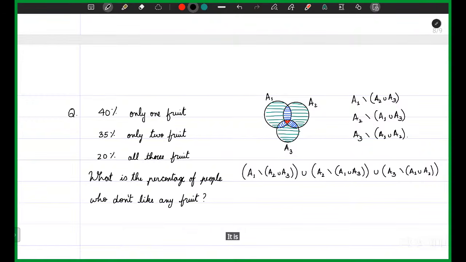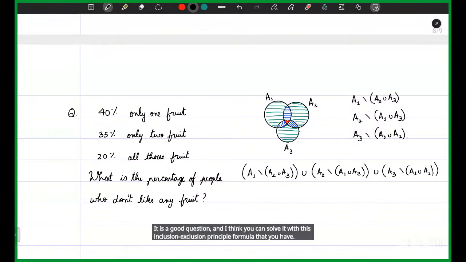It is a good question, and I think you can solve it with the inclusion-exclusion principle formula that you have, and using Venn diagrams you can figure it out. Sir, what will be the procedure when it is given at least one fruit or at least two fruits?